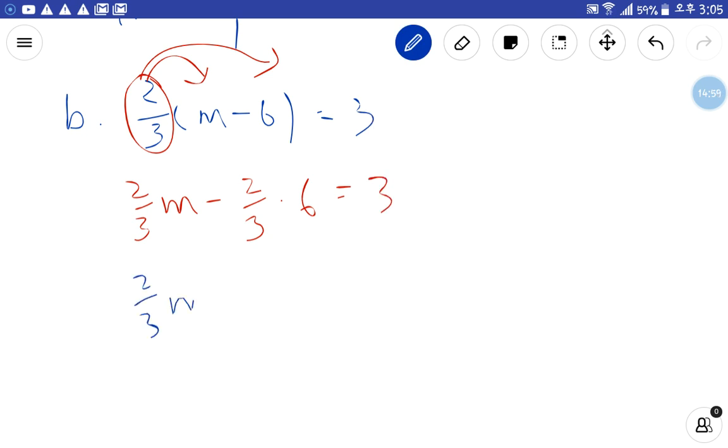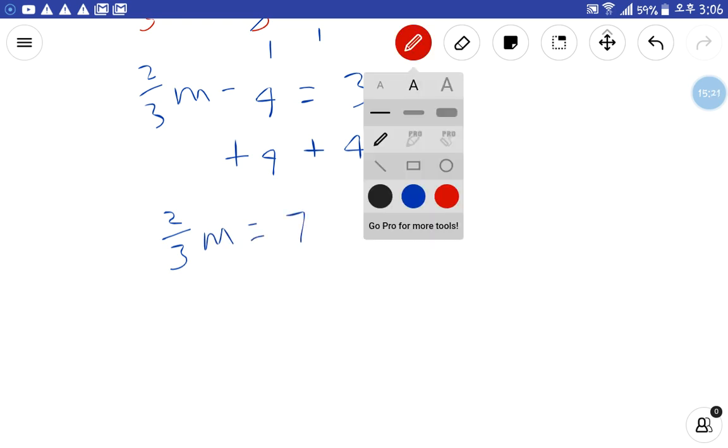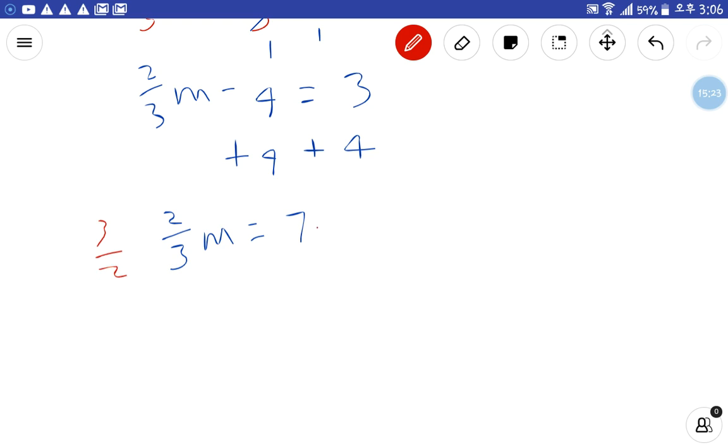Now what? 2 over 3m minus, 3 and 6 cancel, there will be 2. 2 times 2 is 4, equals 3. Now what? Plus 4 on each side. Then you would have 2 over 3m equals 7. Now what do we do? We multiply 3 over 2 on each side.